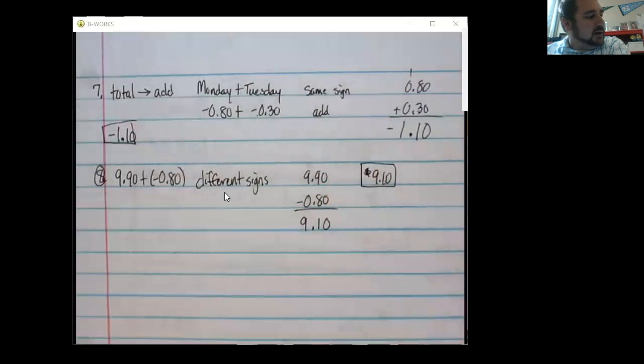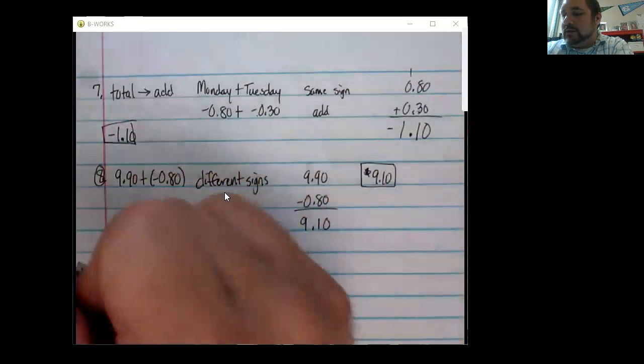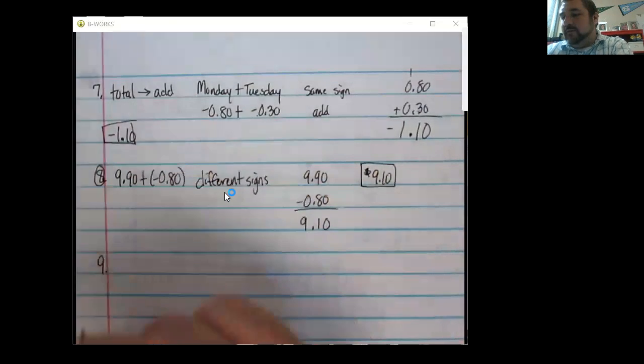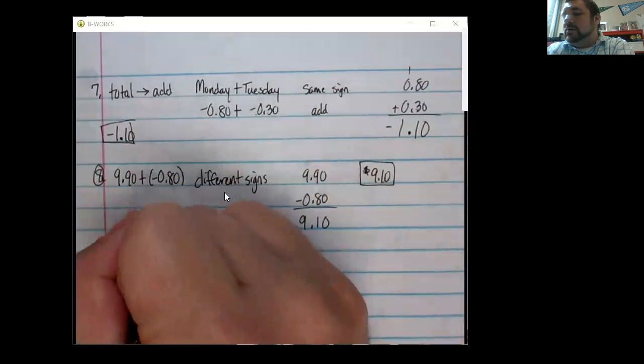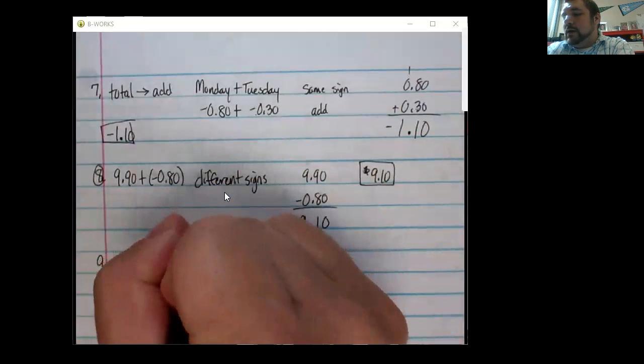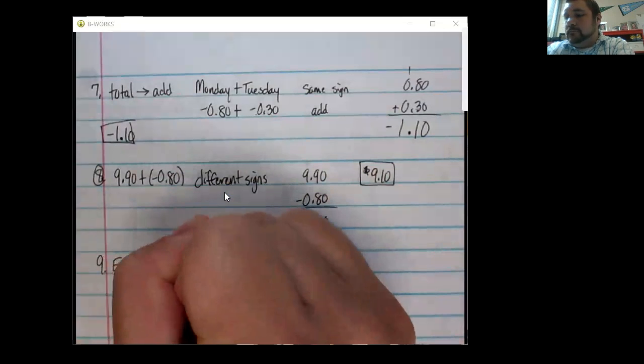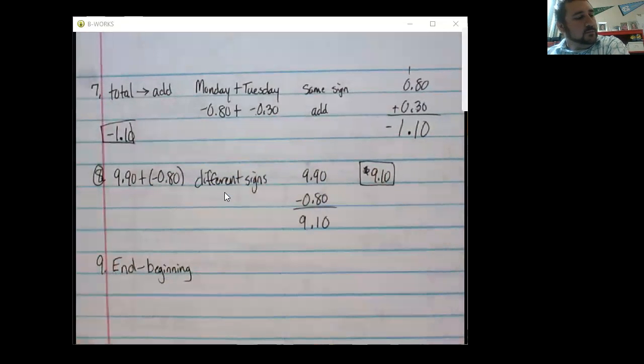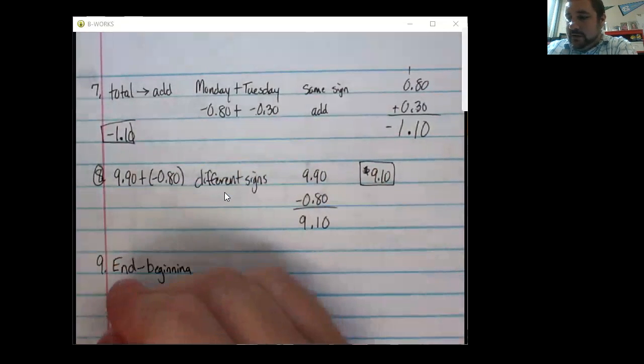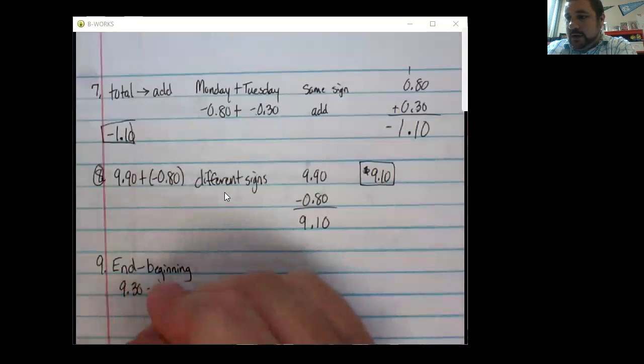All right, number 9, at the beginning of the day on Thursday, the price was $10. At the end of the day, the price was $9.30. What was the change in price? So on number 9, to find the change, you do the end minus the beginning. So the ending price was $9.30. The beginning price was $10 even.